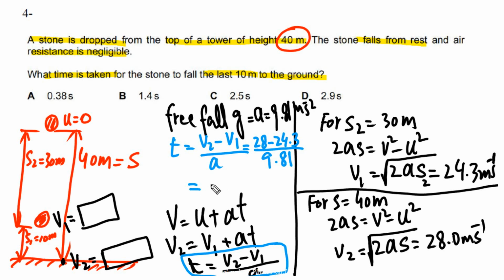If we solve this, our final answer will be 0.38 seconds. This is the time taken for the stone to fall the last 10 meters to the ground. So our answer is A.